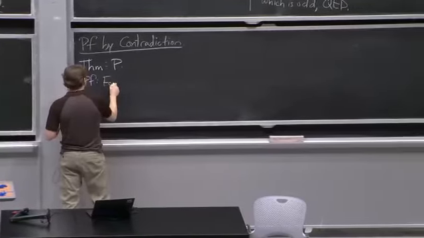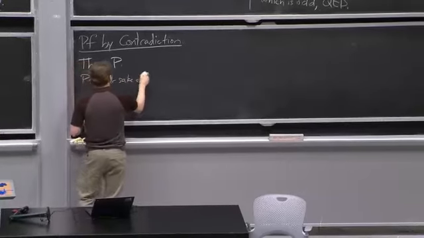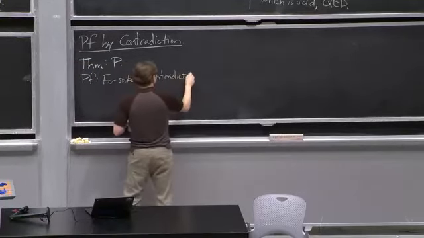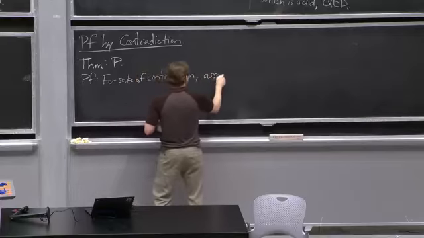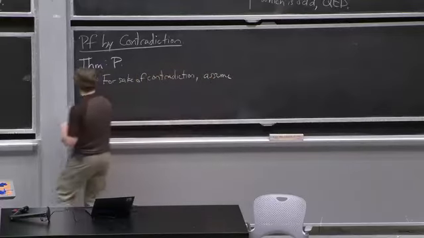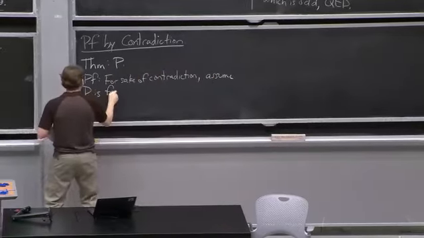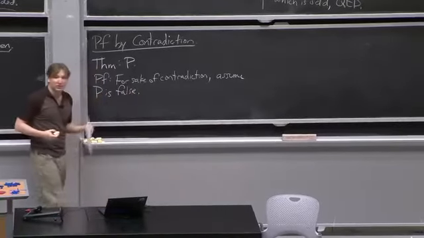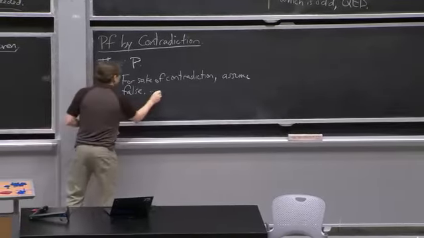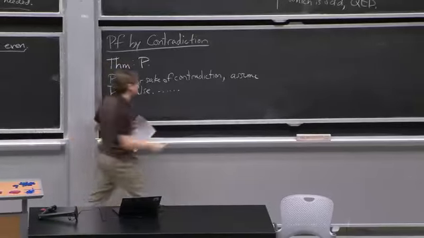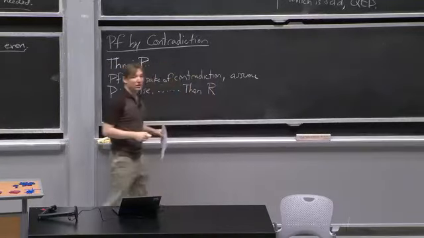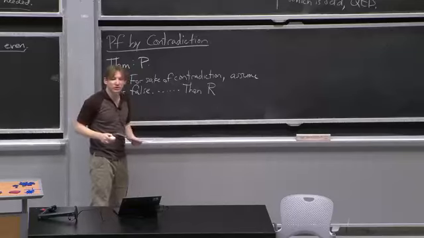For the sake of contradiction, assume P is false. All right, assume P is false. Then the proof continues. Then some other statement R, any statement R we want, we get to choose.